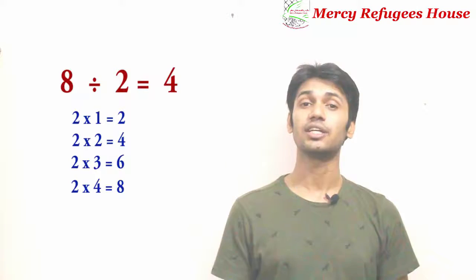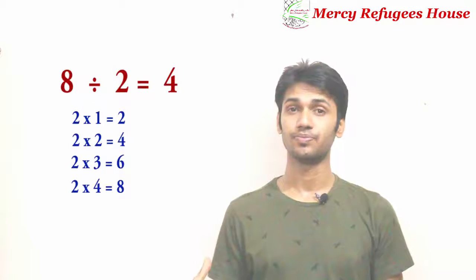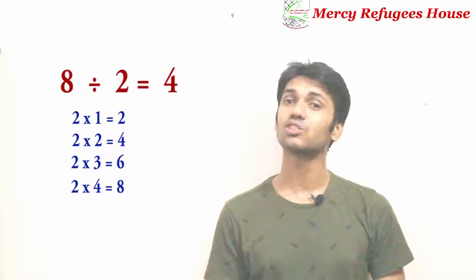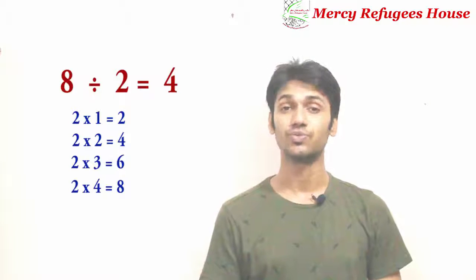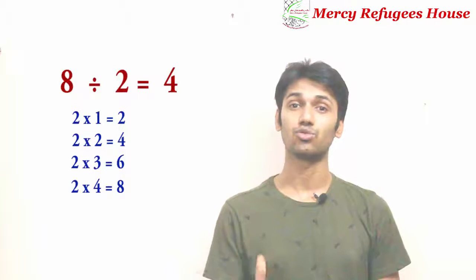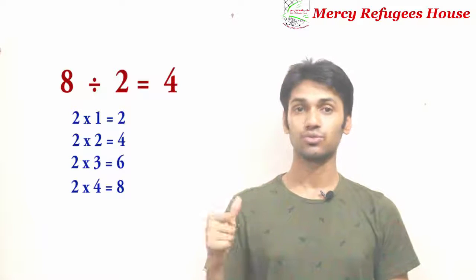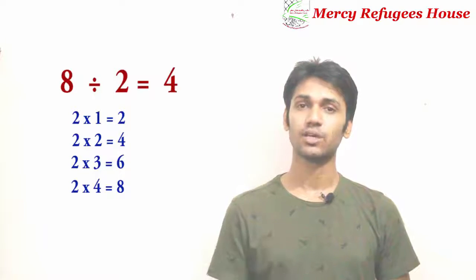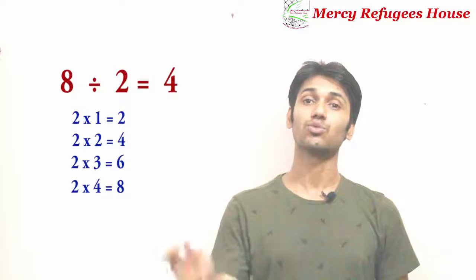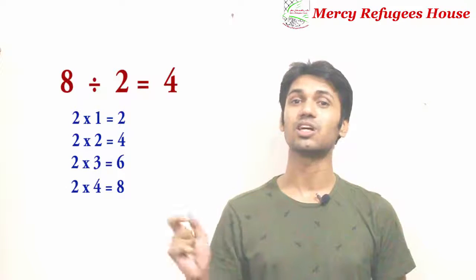The divisor is 2. So which multiplication table would the student use? They would use the multiplication table of 2. That means they would get the answer like this: 2 times 1 equals 2, 2 times 2 equals 4, 2 times 3 equals 6, 2 times 4 equals 8. So we have the total 8 here. That means the answer is 4.